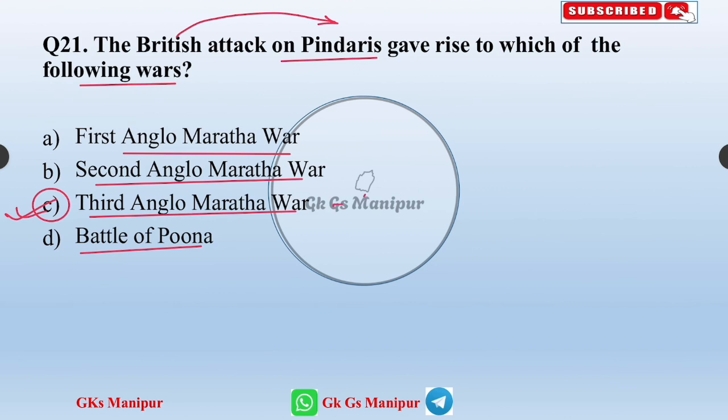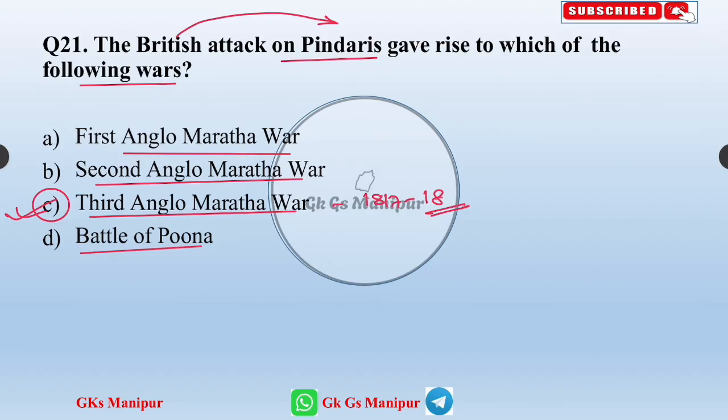Third Anglo-Maratha War, from 1817 to 1819. The Maratha chiefs Bajirao II, Holkar's chief Malhar Rao, and Bhonsle's chief Mudoji II fought against the British.